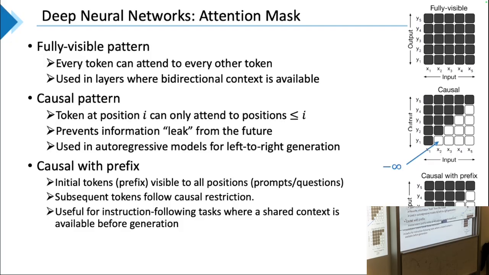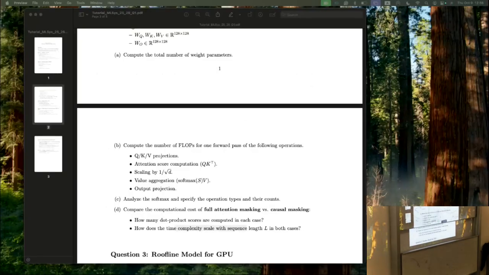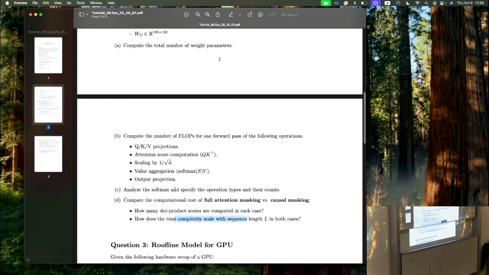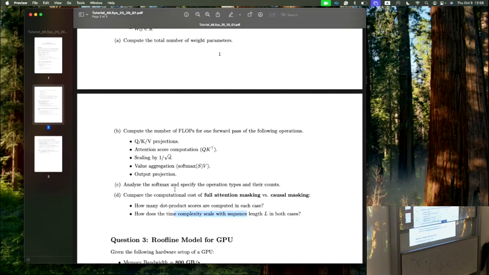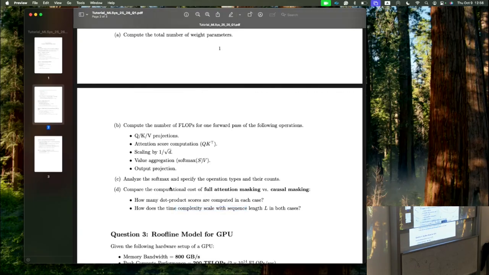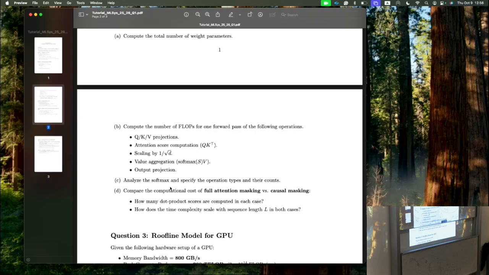So how do we calculate the FLOPs of the softmax, like the exponential? In value aggregation, you have to compute the softmax of the matrix. I don't understand how you compute the amount of FLOPs that an exponent does.